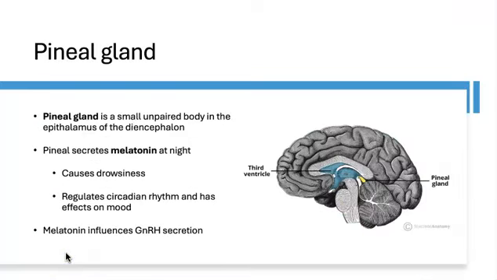Next we have our pineal gland, and this is found in the brain. I always search for the thalamus first, which is this egg-shaped structure, and right behind it is the pineal gland. I almost call this the tail of the thalamus. And this is going to secrete a hormone known as melatonin at night.